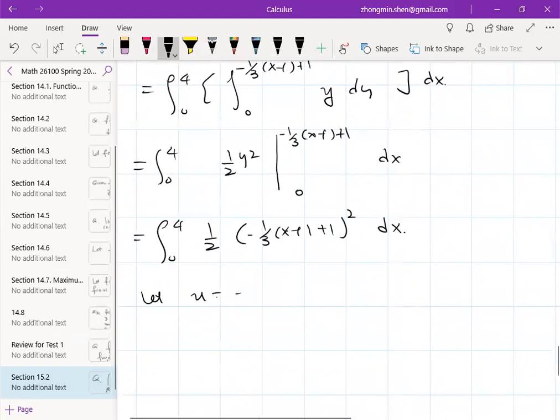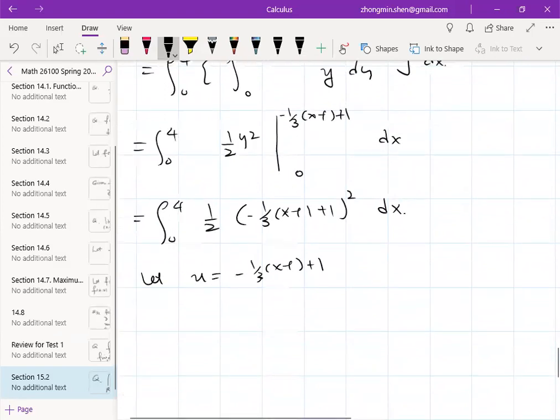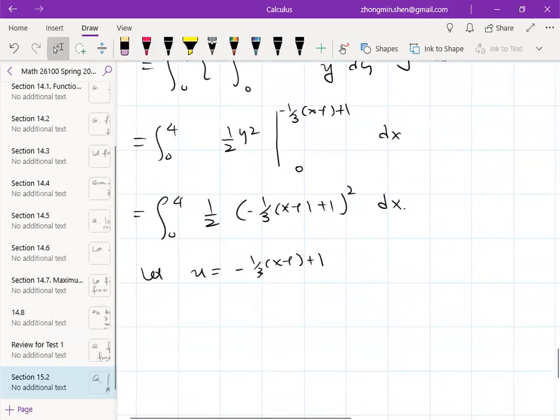Let u be negative 1/3 times x minus 1, plus 1. When x equals 0, what is the u value? It's going to be 1/3 plus 1, which is 4/3.